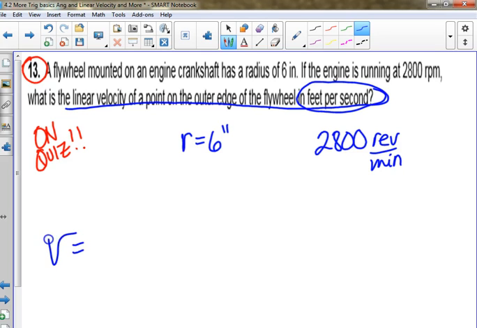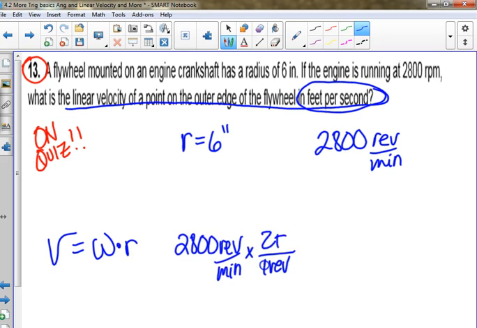Okay, we want linear velocity, so we need angular velocity times radius. How do you get angular velocity? You make it radians. So 2,800 revolutions per minute times 1 revolution is 2 pi radians. And we're done. That's an angular velocity. But what are we supposed to be finding here? Linear, so we have to multiply by the radius, which is 6 inches.